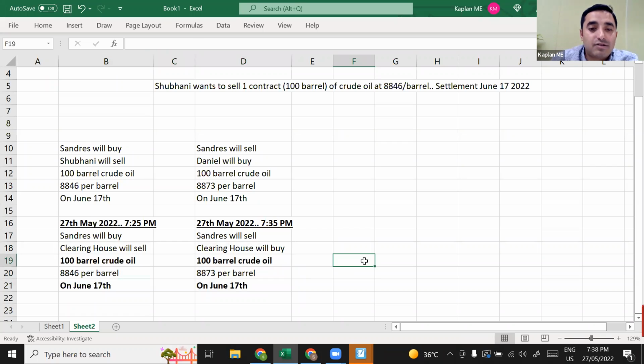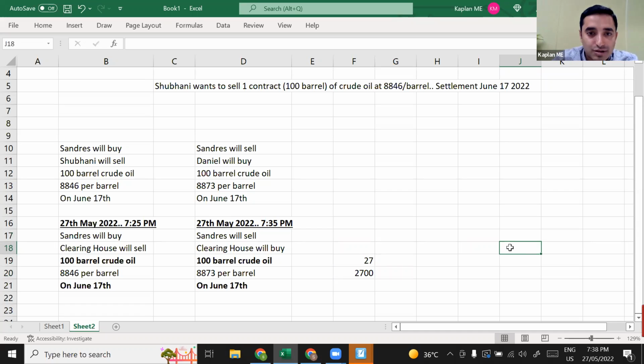And Sandres is going to make a profit of 8873 minus 8846 per barrel multiplied by 100. Right now, you could have made a profit of 2007, right?